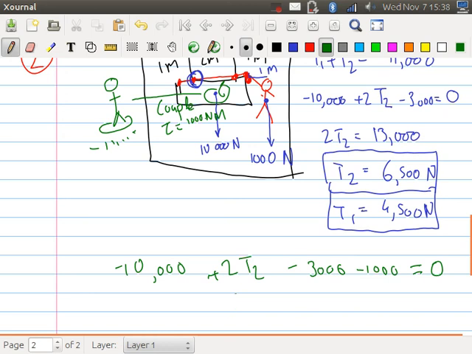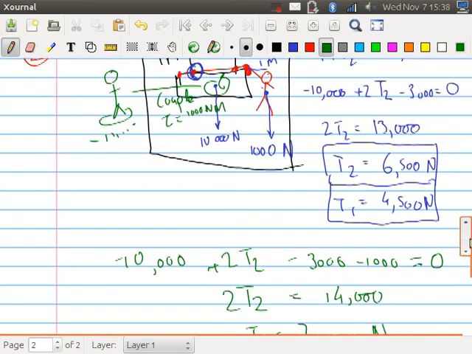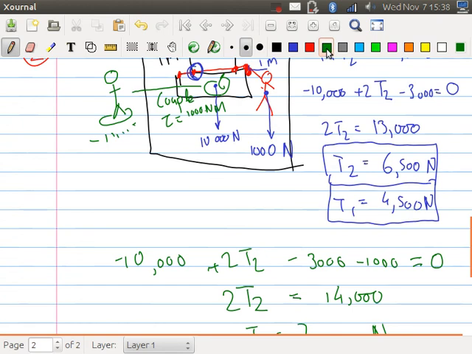So now I get a different answer for T2. 2T2 will equal 14,000, isn't it? So what will T2 equal now? 7,000 newtons.